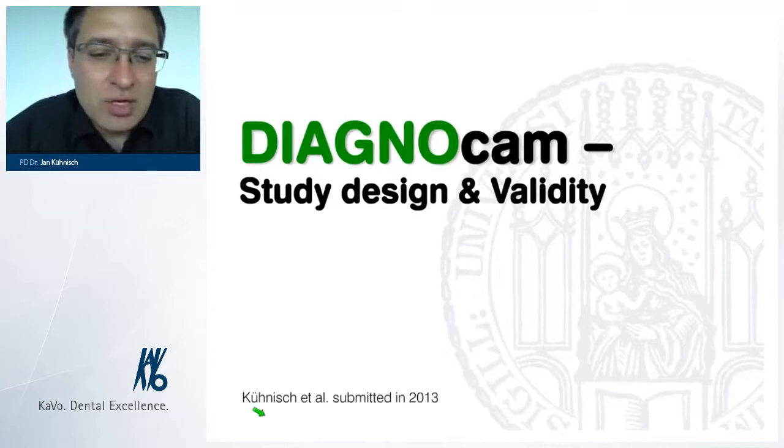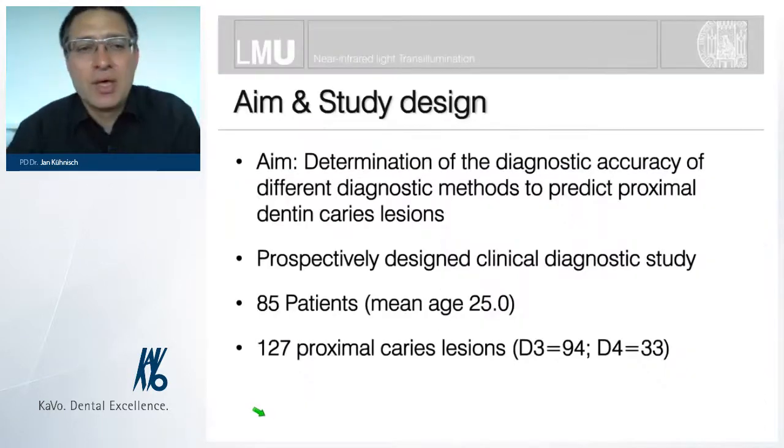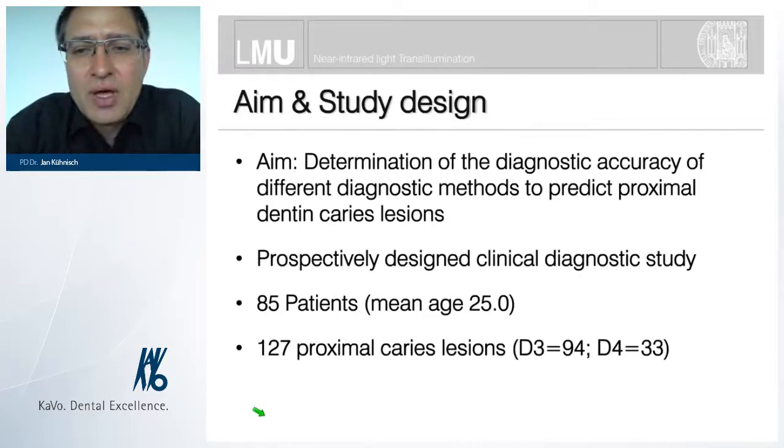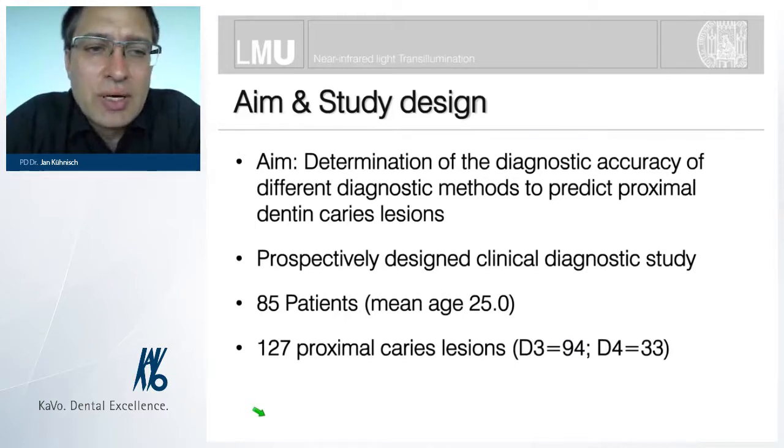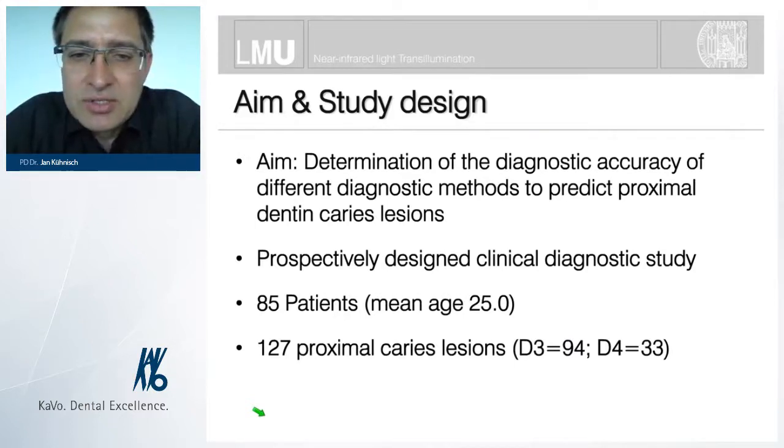Let's talk about the study results, and I think it's of great importance to talk about the science behind the system. I will brief you very shortly about the aim and what we did, and will show you the results soon.